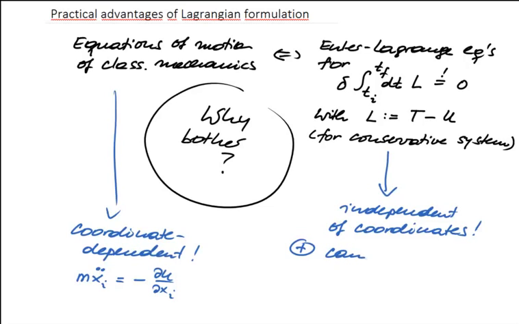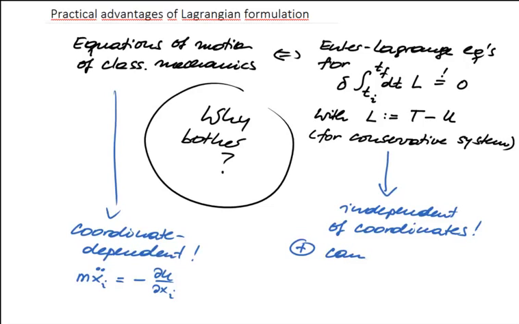Well, the extremization condition is coordinate independent, but when I then go to the Euler-Lagrange equation, then I have coordinates again. But it's much easier in this Lagrange formalism to write down the Euler-Lagrange equations in arbitrary coordinates.